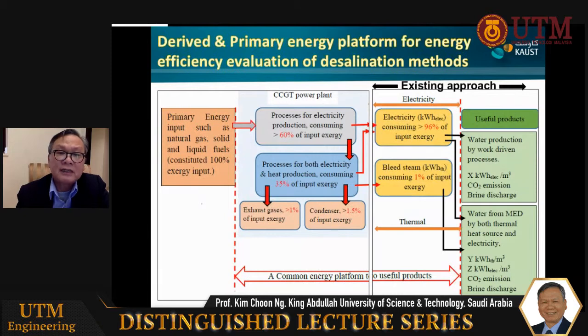And the rest of 30% is then used in the heat recovery steam generator that produces the steam to run the steam turbines. Only a fraction of the thermal energy is then bled to run the thermally driven desalination processes.